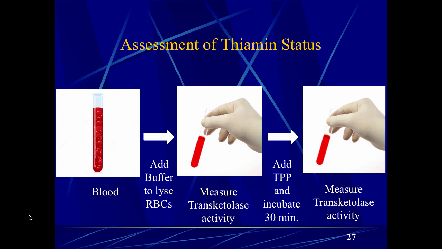Only one of them has thiamine pyrophosphate attached. Measure the activity of all the transketolase in the red blood cells, get a value. Now we add more TPP. What happens to overall transketolase activity? Goes up. Why? Because now you're providing more coenzyme for the enzyme.